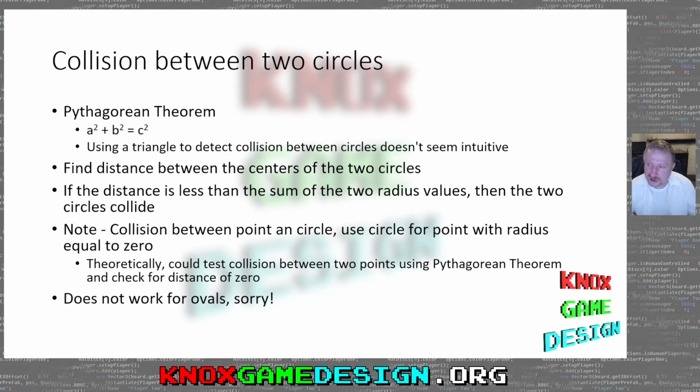Theoretically, you could determine if 2 points collide with each other by using the same process, just using radiuses of 0, but that's a little bit overkill. Theoretically, it still works. And by the way, this doesn't work for ovals. It's got to be a perfect circle. It can't be wide and skinny or anything like that.